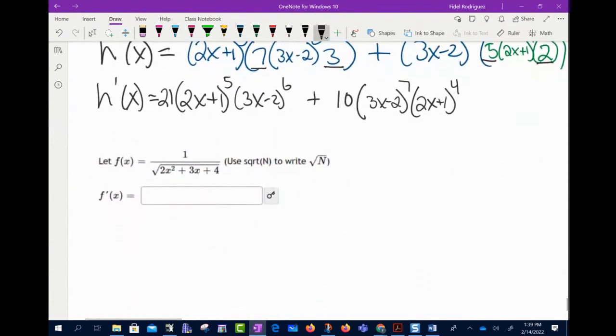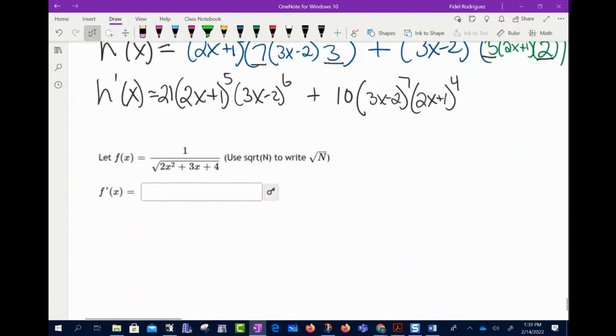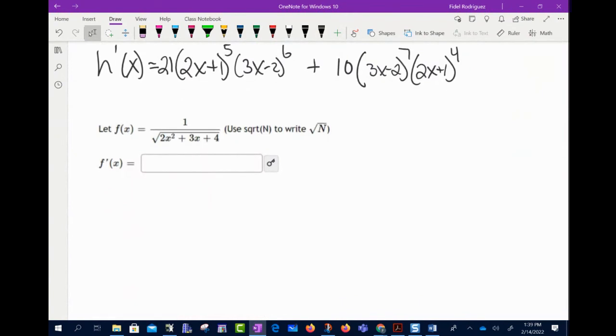Yeah. You probably made a computational error, but yes, it's still going to work out the same way.